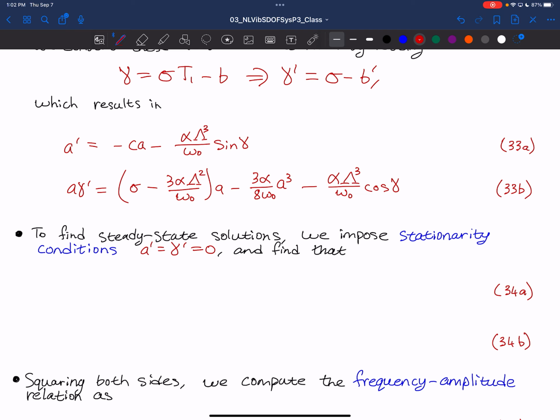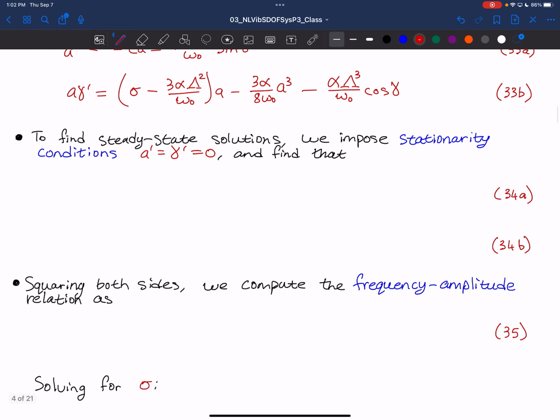Okay, we're then going to look for steady state solutions, and we're going to impose what are known as the stationarity conditions, that A prime and gamma prime are equal to 0. And this then allows us to find that minus CA is equal to alpha times lambda cubed divided by omega 0 times the sine of gamma.